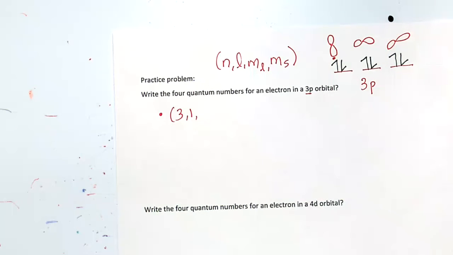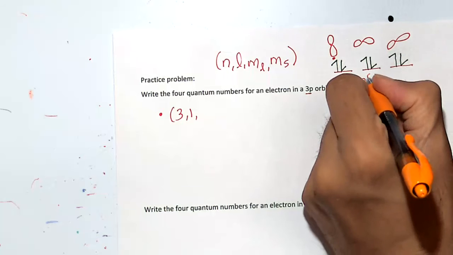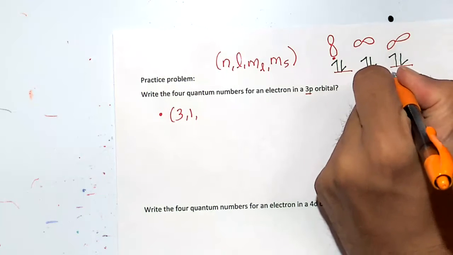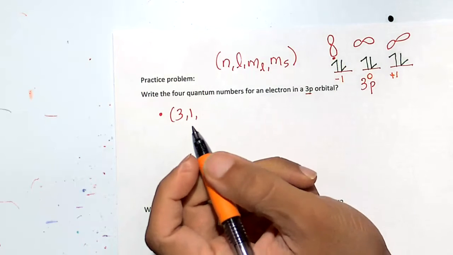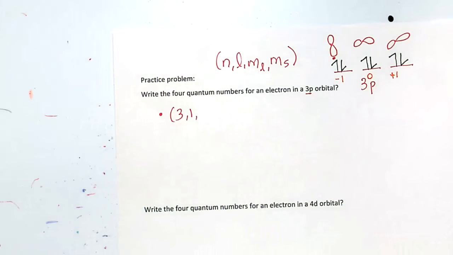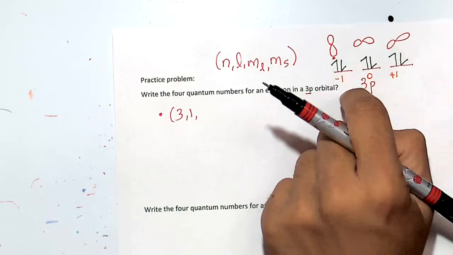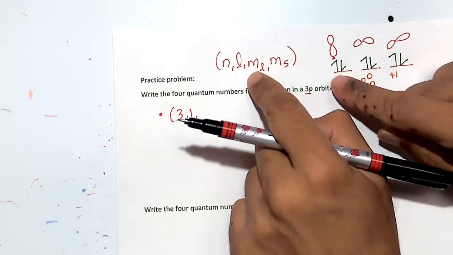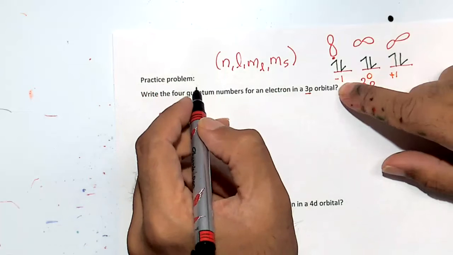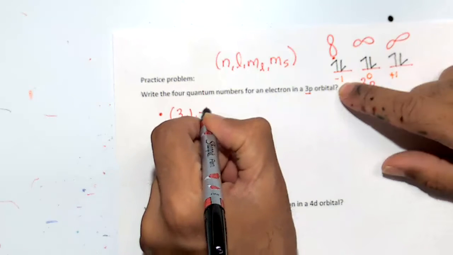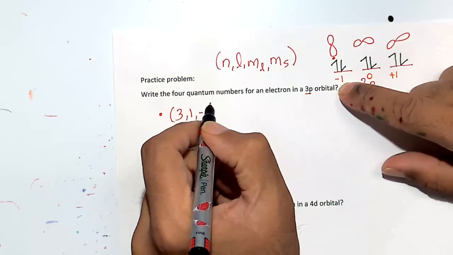Remember, the center slot gets 0, and then we go +1 to the right and -1 to the left. So what is m sub l for this electron with the red dot? -1.